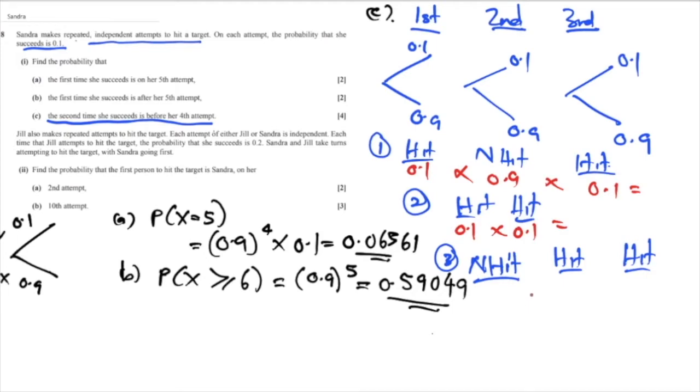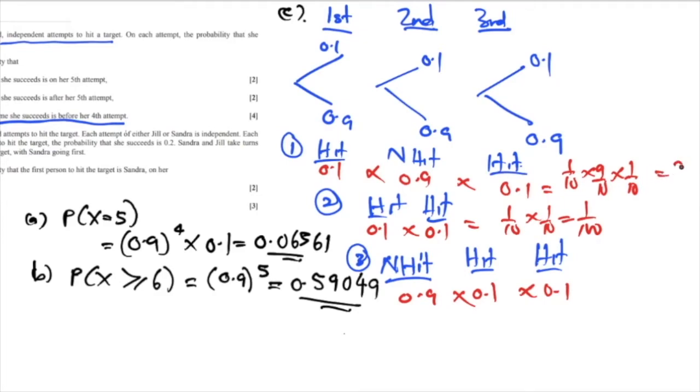The last one, no hit, hit, hit, is 0.9 times 0.1 times 0.1, which is also 9 over 1000.